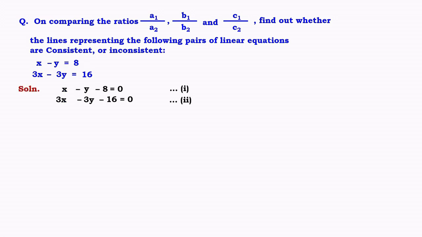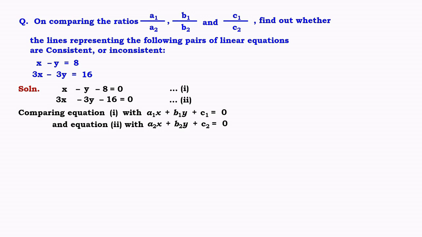So, the equations become x - y - 8 = 0 and 3x - 3y - 16 = 0. Now, compare the coefficients. From the first equation, a1 is 1, b1 is -1, and c1 is -8. From the second equation, a2 is 3, b2 is -3, and c2 is -16.